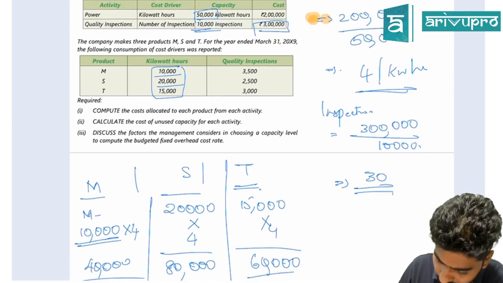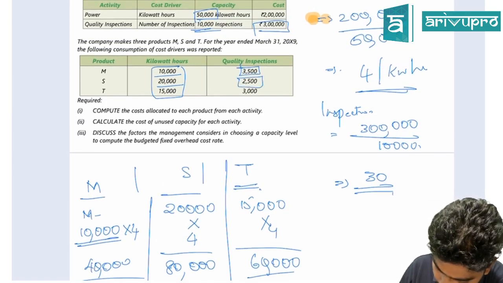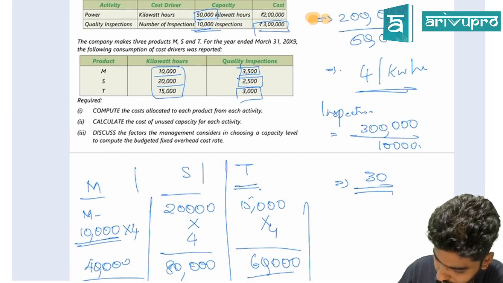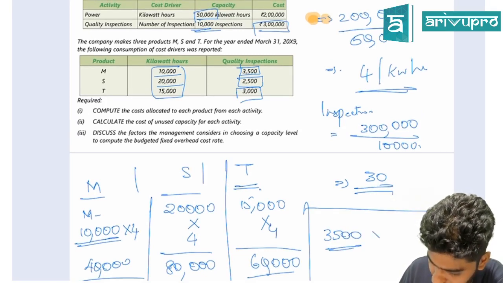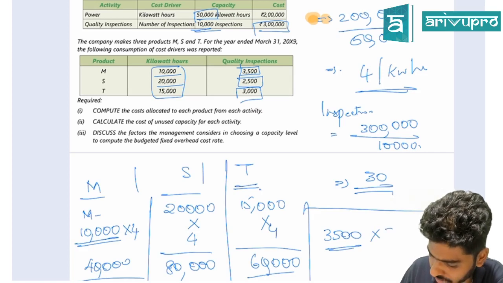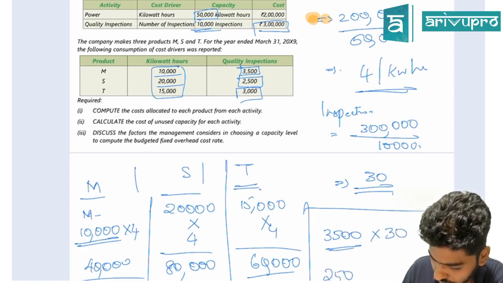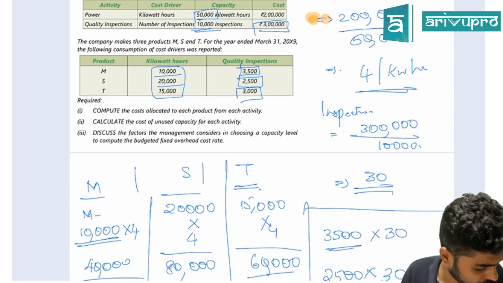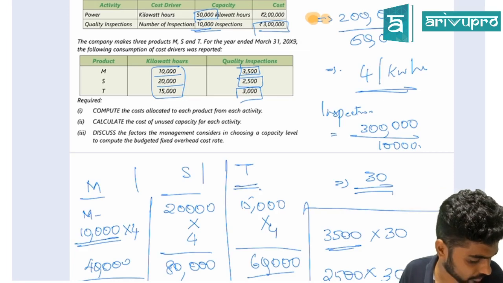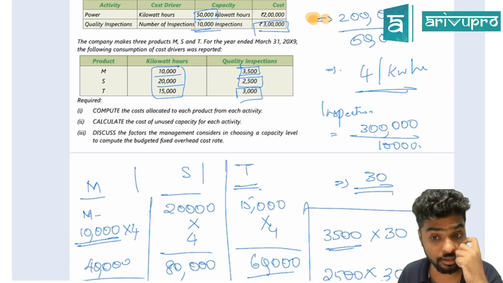Now for the inspection, it is what? 3,500 into 30, 2,500 into 30, and 3,000 into 30. Is everyone clear?